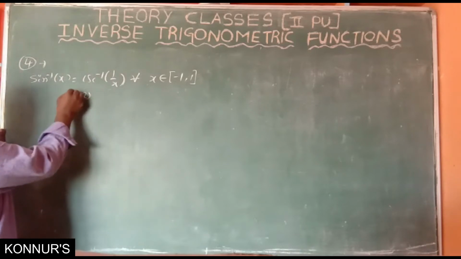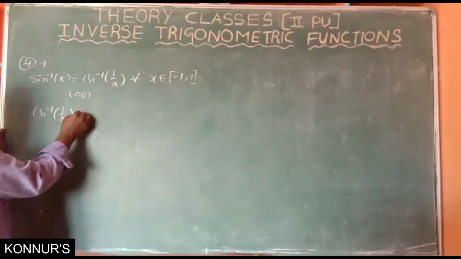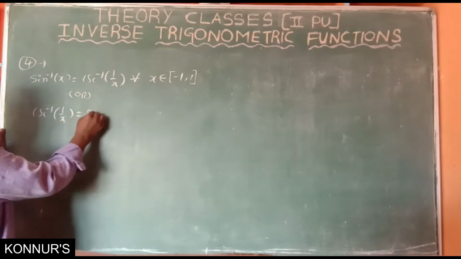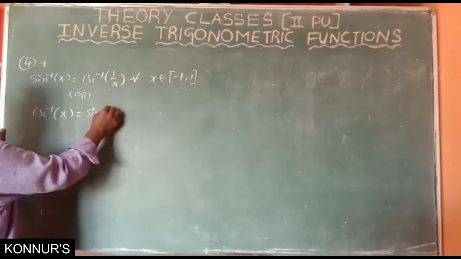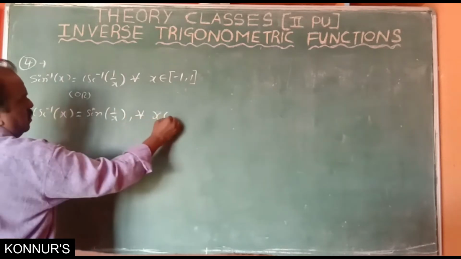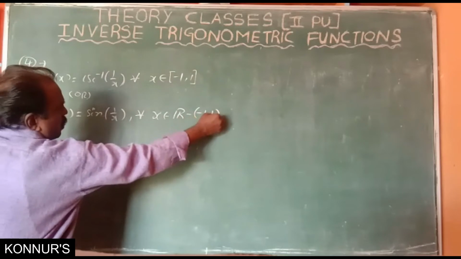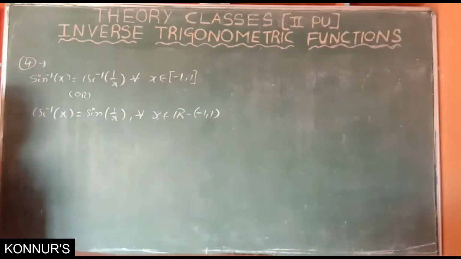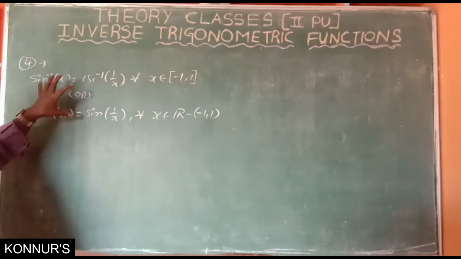Or you see, cosecant inverse of 1 by x is sine inverse x. Cosecant inverse x is equal to sine inverse 1 by x. But x belongs to R minus the open interval minus 1 comma 1. A lot of difference is there. But the concept is same.